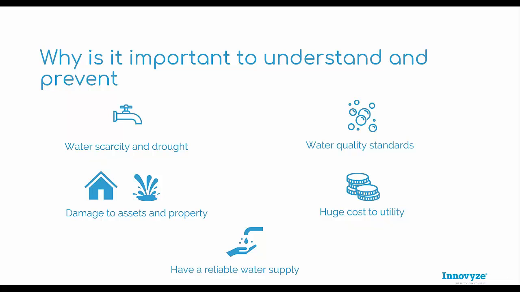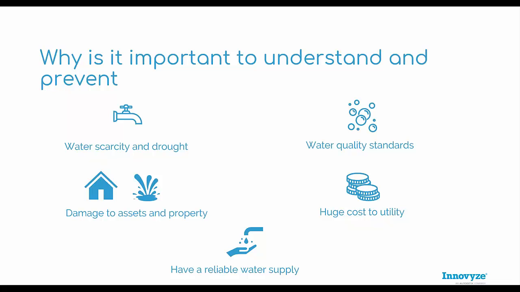So why is this important to understand and prevent? It's become a major area of focus for utilities around the world, and part of that has been due to regulation and targets and others to customer pressure. But with changes in our climate, in areas of the world that have not previously experienced drought and water scarcity, every drop really does count, and as a resource we want to reduce that loss as much as possible.